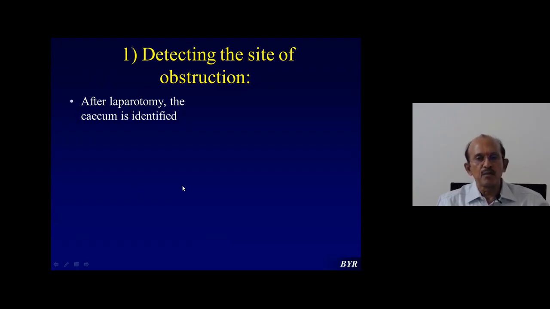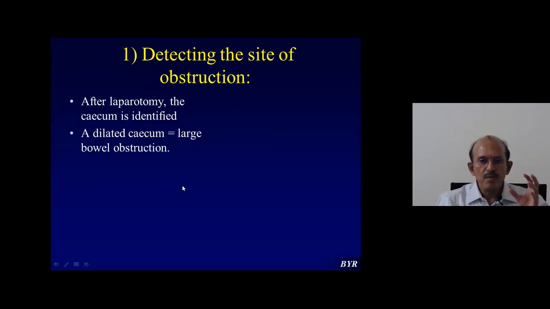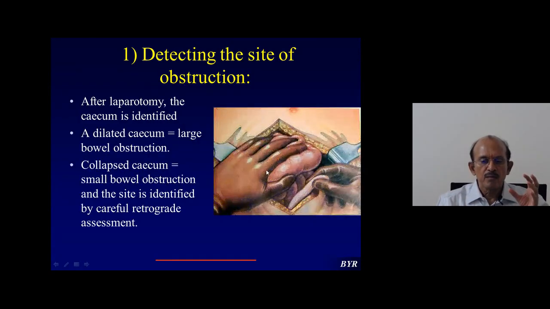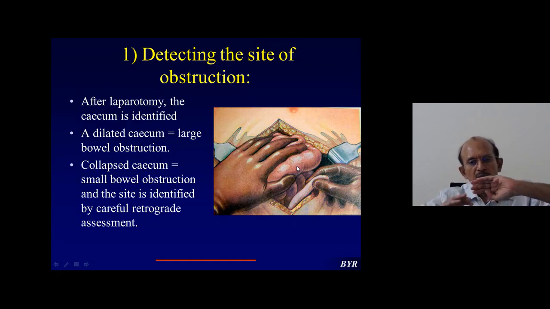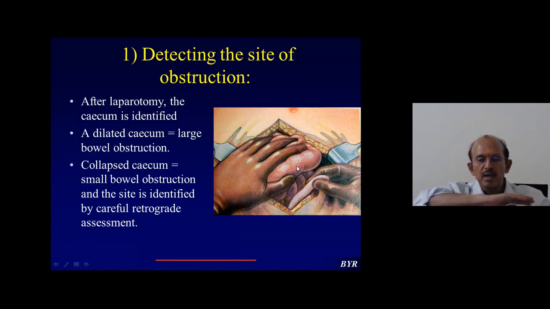How do you go for the cecum? All the distended bowels are there. You put a mop over the distended bowels, push them aside, pass your hand deep into the right iliac fossa, and then feel the cecum.